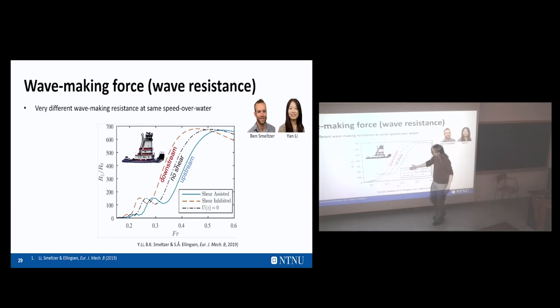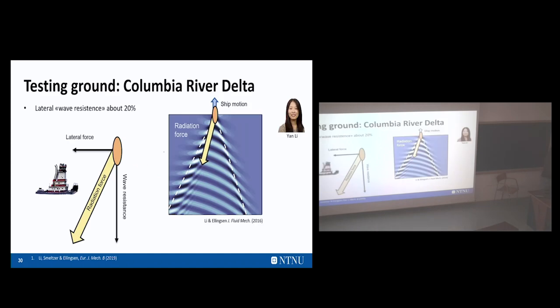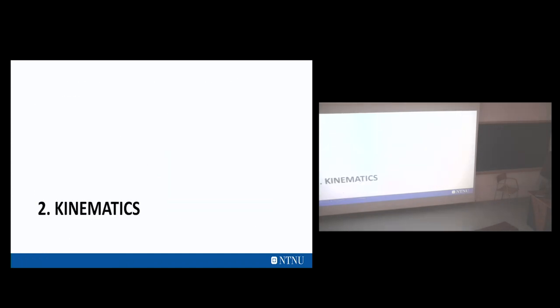Here you see it, if the ship is going at the same Froude number, these tugboats that operate in this area typically have Froude numbers in this range, 0.3, 0.4, relative to the surface, and you see that the wave-making resistance can vary very drastically, whether they go upstream or downstream. There's also a sideways force on the ship because the wake is asymmetric.